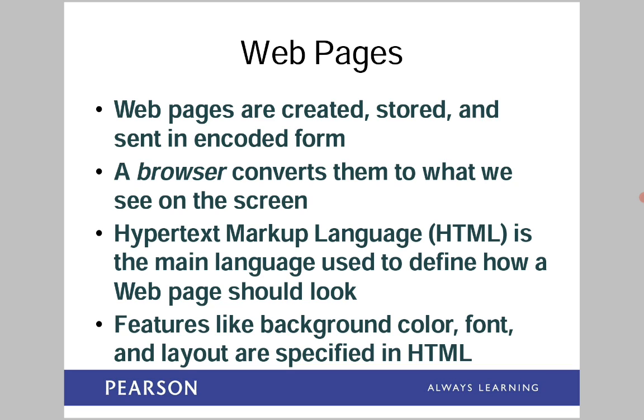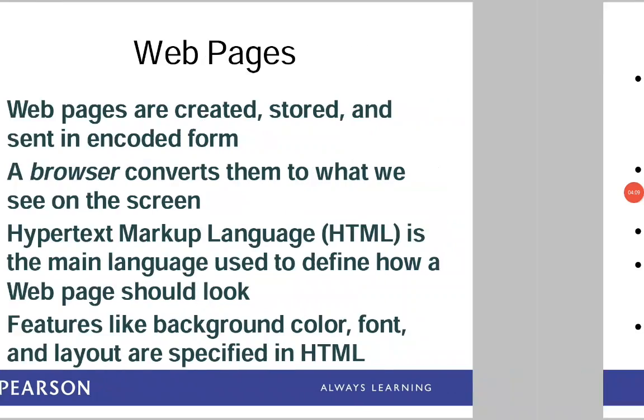HTML is the main language used to define how a web page should look. HTML is mainly used to create various web pages, websites, web applications, and there are many other features of HTML web pages like foreground color, background colors, and other things like that.